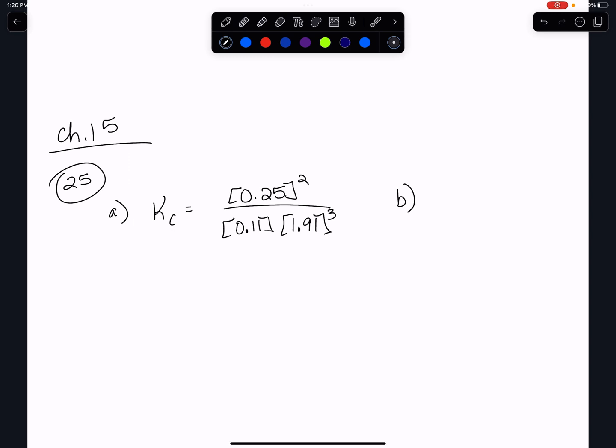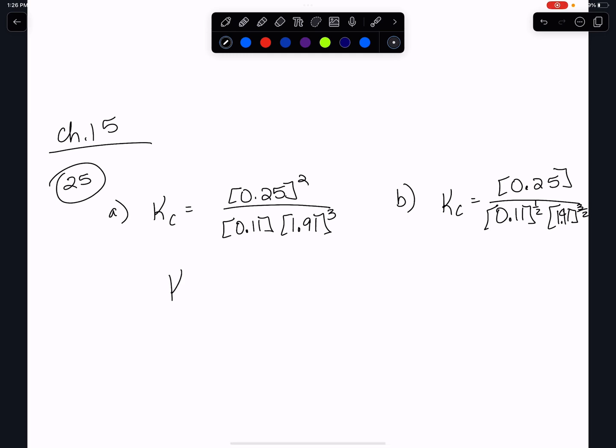And for B, you could either take those numbers and do 0.25 divided by the nitrogen raised to the 1/2 power and the hydrogen raised to the 3/2 power, or if you recognize, and I mean, you'd recalculate that, but what's happening from the reaction in A to the reaction in B is all the coefficients have been cut in half.